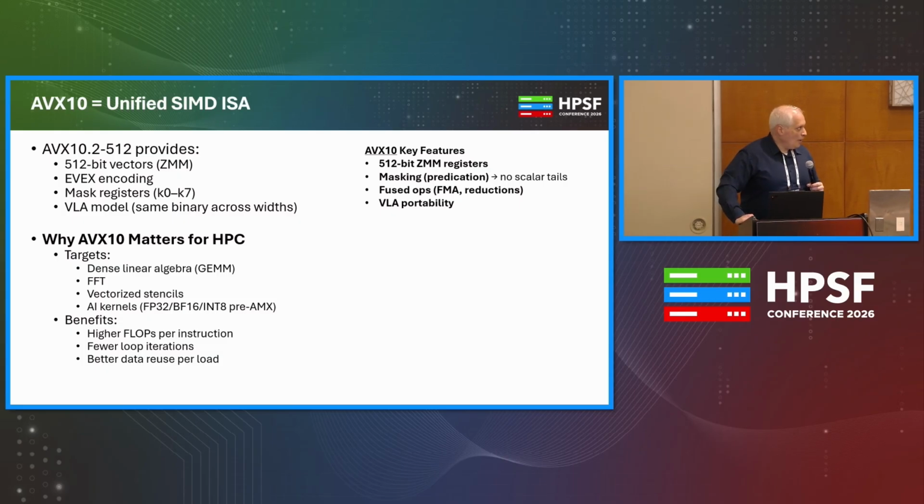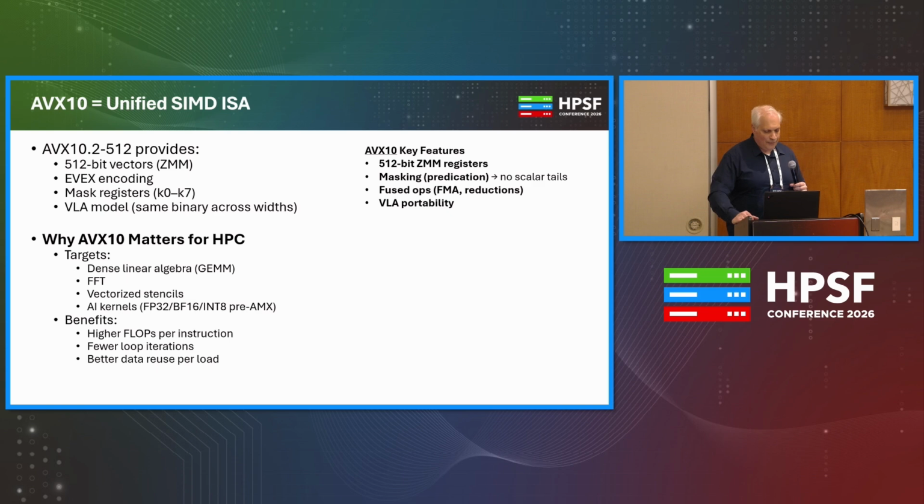So one of the big things to undertake is, how do we address this? That's where AVX10 comes in. With AVX10, you still get a 512-bit ZMM register with all the EVEX encoding. Everything you have in existing AVX 512, you don't lose it. Intel is really big on ensuring continuous support, especially from the ISA perspective.